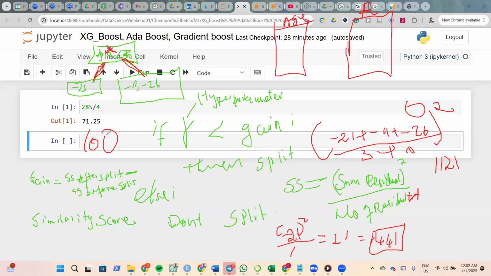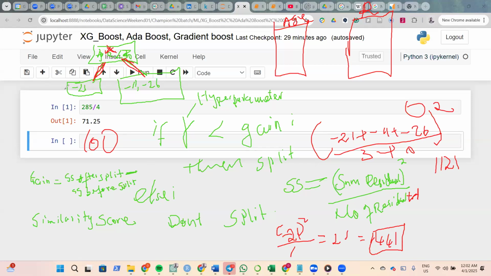If you take the similarity score after split minus the similarity score before split, that means we are going to be taking 441 minus 1121. If you subtract this, you will have a value, and we compare that value with 100 to decide whether there will be a split here.